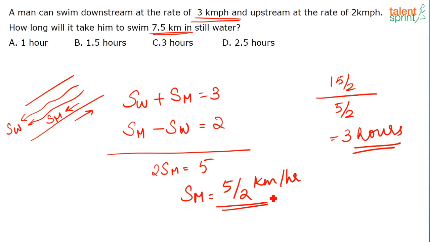This is the actual speed of the man. If the water is still, the only speed will be the speed of the man. So 7.5 kilometers, how long will he take to cover? He will cover it in 3 hours. So the answer for this question is option C. Is it clear?